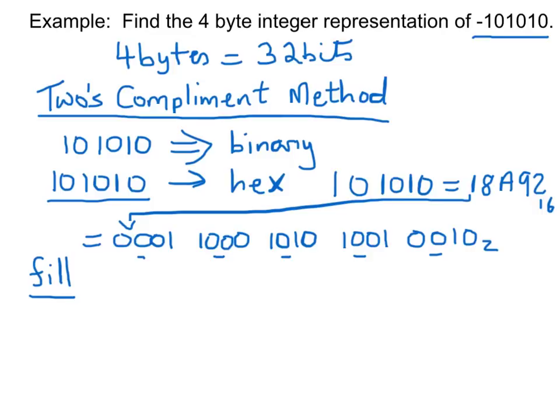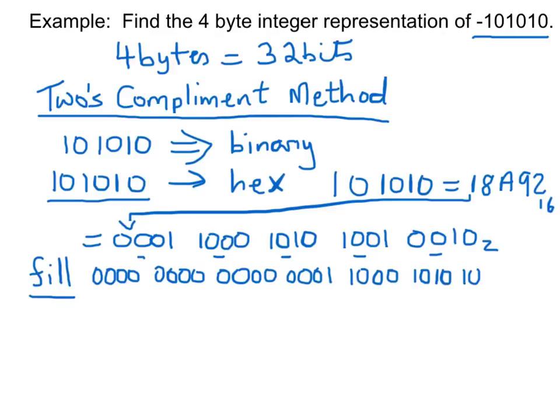So there's my 12 zeros, and now the number: 0001 1000 1010 1001 0010. So what's the next step?